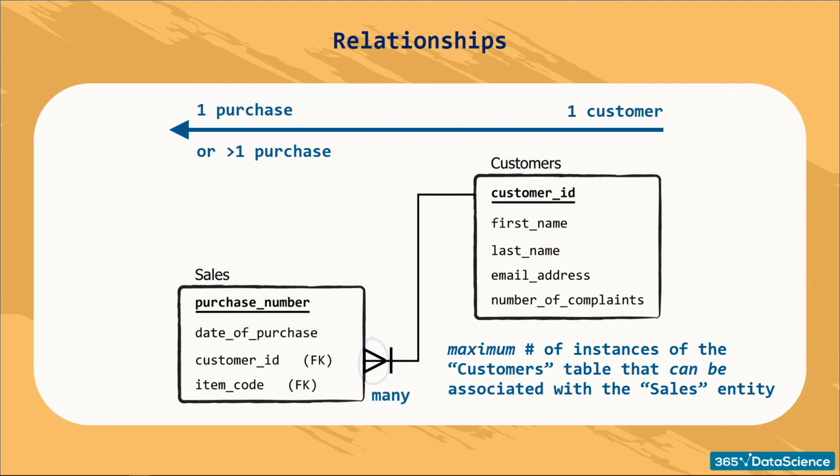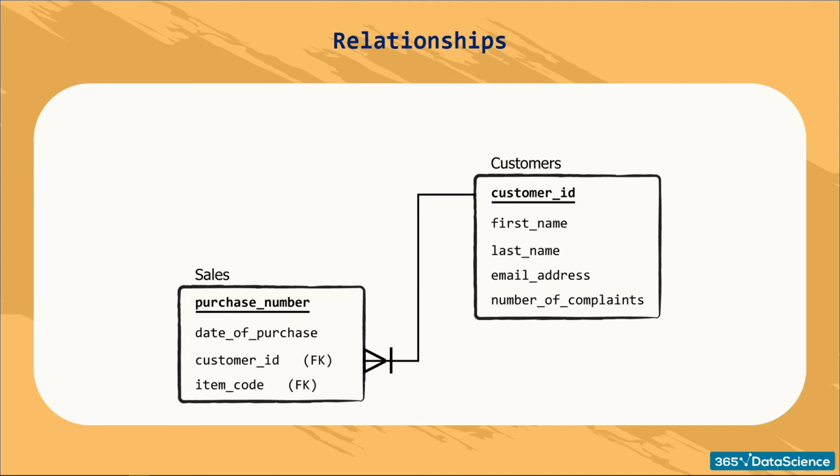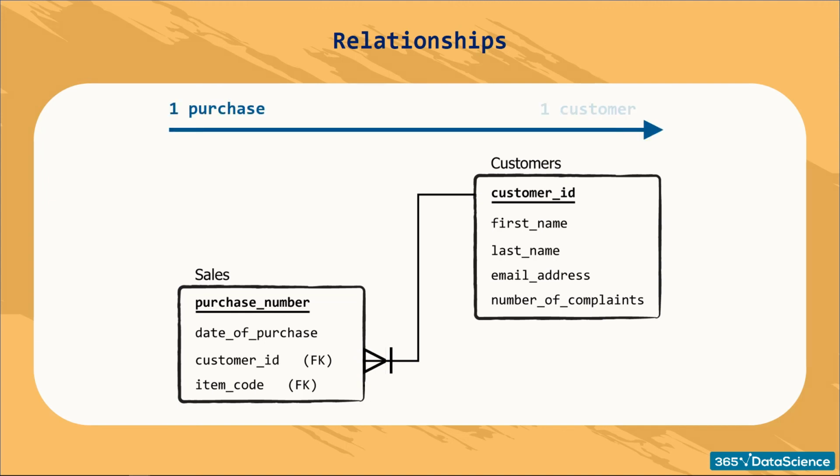Let's check the relationship in the opposite direction. For a single purchase registered in the sales table, a single customer can be indicated as the buyer. So, the minimum number of customers you will find in the customers table for whom we have such information as name, email, and number of complaints, and that corresponds to a single purchase in the sales table, is 1.